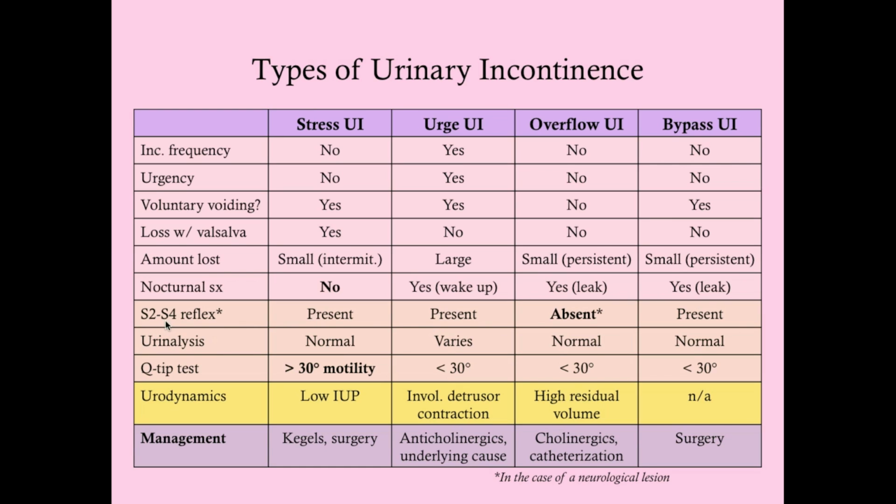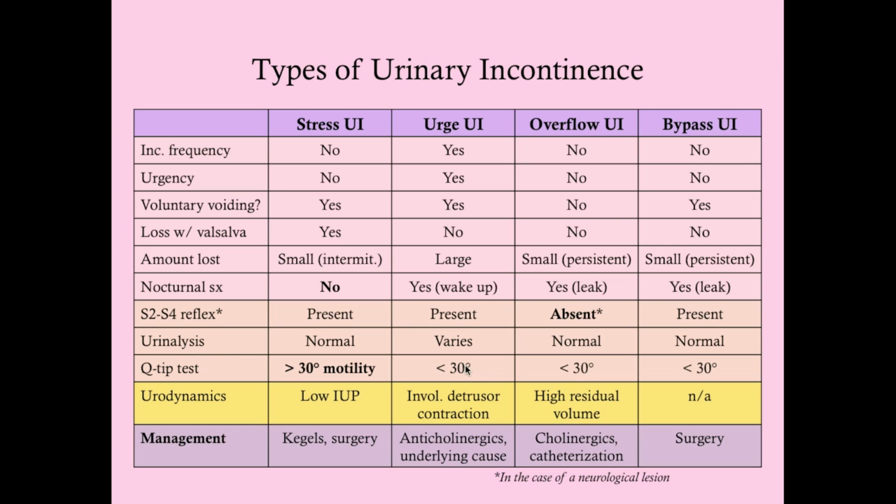As far as part of your physical exam, you want to know about the S2 through S4 reflex. Namely, here we're talking about the bulbocavernosus reflex, which is where you stimulate the labia majora and you look for contraction of the anus.